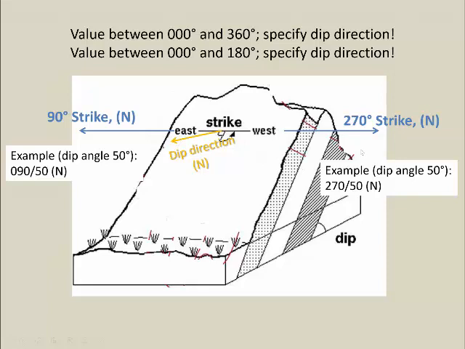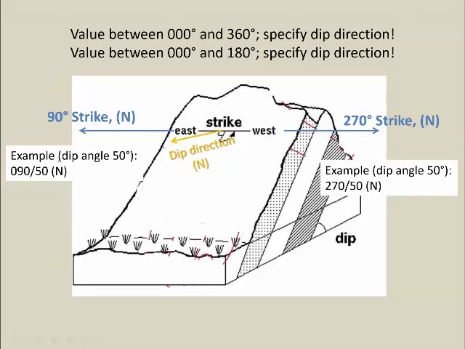And here in this example, if we take a notation of using this end of the strike line, it would be 270/50, but we have to specify that it's a north dipping plane, because it also could be a south dipping plane using the same east-west strike.